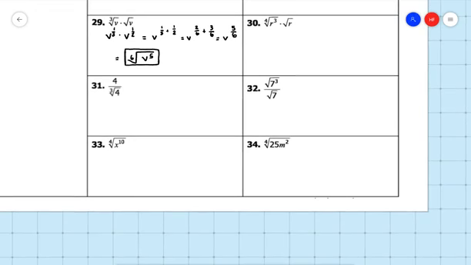On 31, we've got this fraction, and so this is 4 to the 1st power over 4 to the 1/3 power.